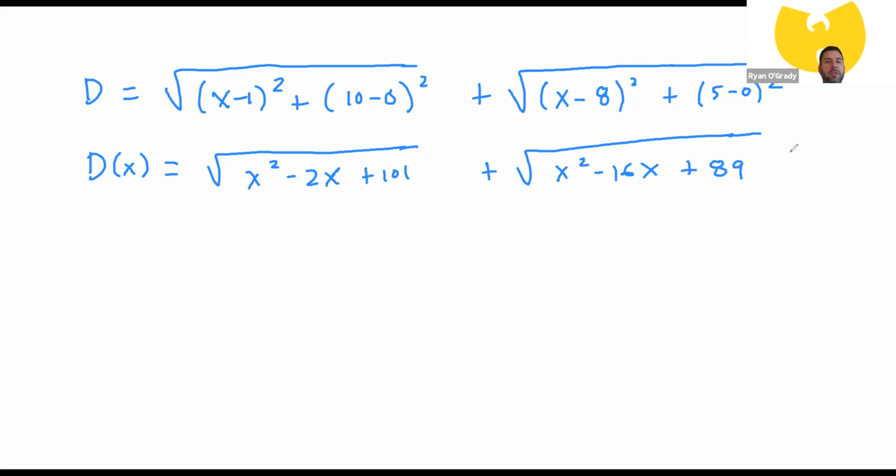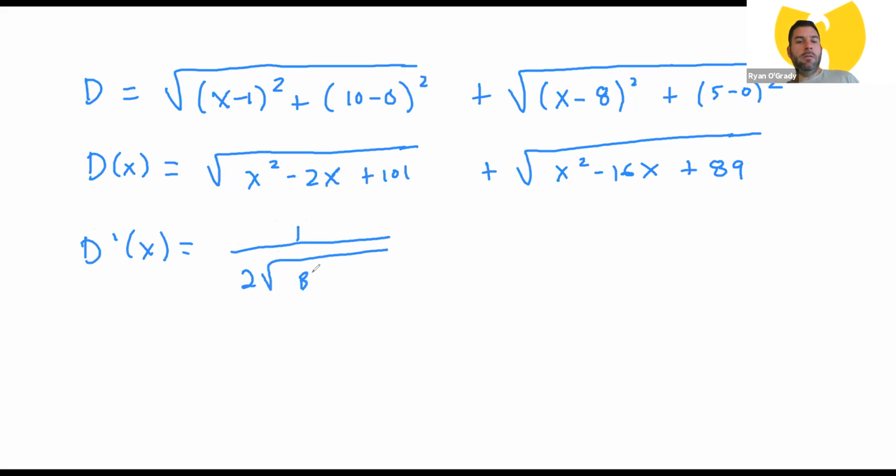And then we're going to reason about this the same way we reasoned about the previous problem. Only now we have to calculate a little bit more of a derivative. So this will be 1 over 2 times, again, blah.